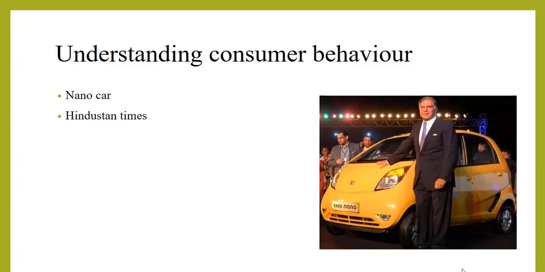For that, the Nano car emerged from his brain. He succeeded. He provided the car within 1 lakh. That is the main concept of the Nano car, because here Ratan Tata understood the behavior of the consumer.